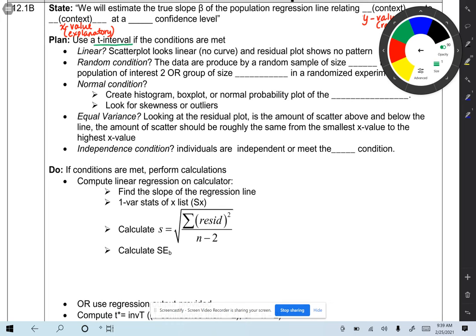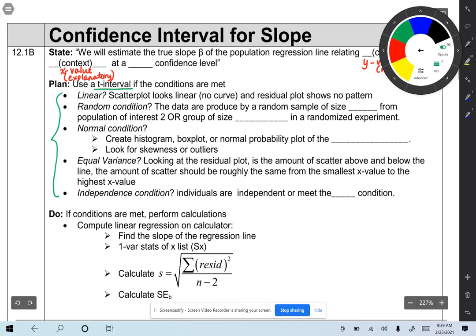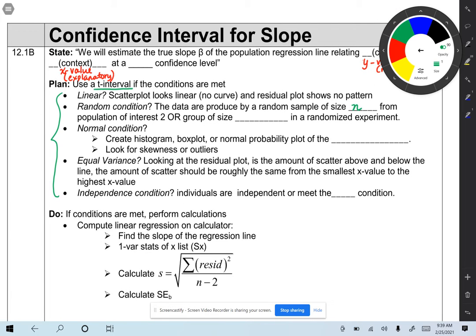So you look at the 5 conditions. Random condition: the data are produced by a random sample of size n from a population of interest or group of size n in a randomized experiment. Normal condition: create a histogram, box plot, or normal probability plot of the residuals.